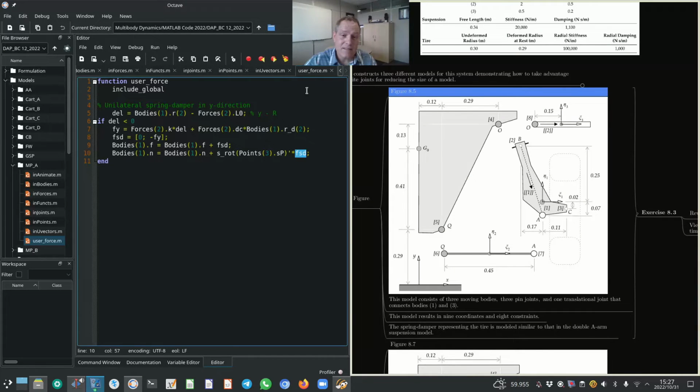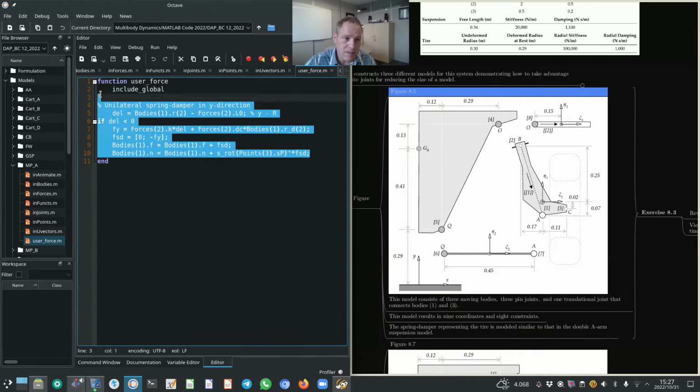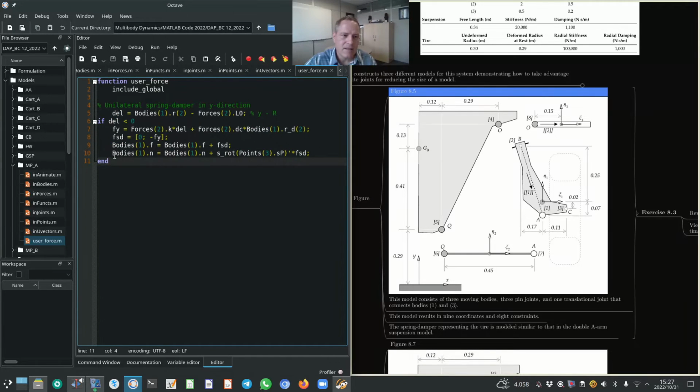So that's the input file user force. As you can see, very similar to what we've done in the AA arm suspension. The only real difference is that we've now got an externally applied moment as a result of the externally applied reaction force, and we need to take that into account for the McPherson suspension model.